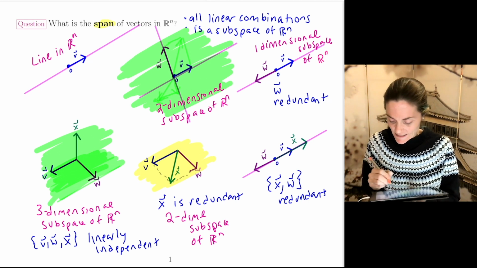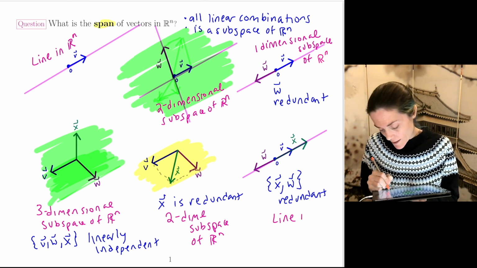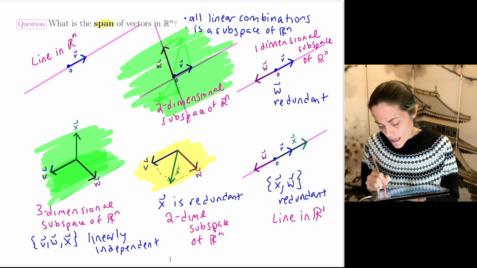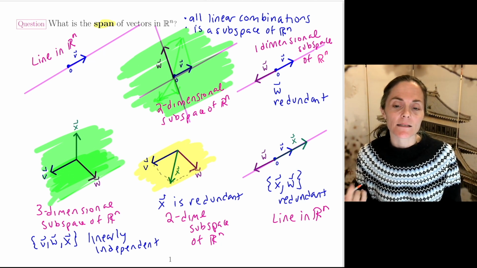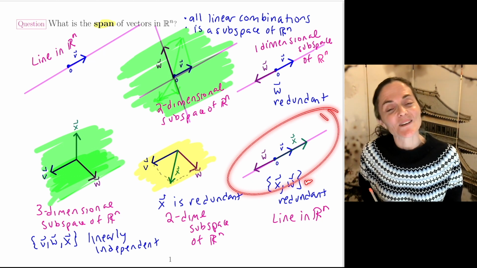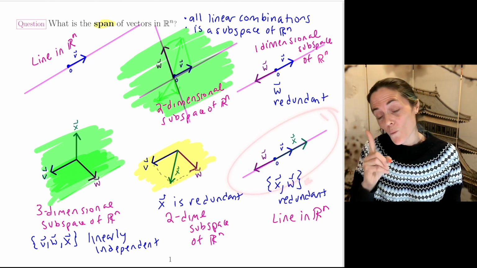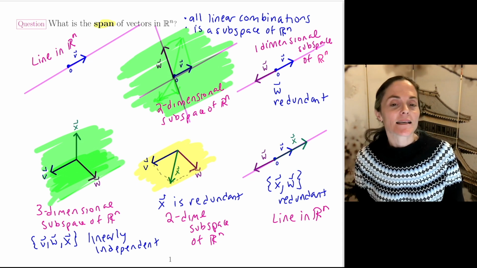This would be a line or a one-dimensional subspace in Rn. Even though I'm taking three vectors and taking all possible linear combinations, we can see it just fills out this line, because two of them are redundant. So we only have one linearly independent vector. So these are some geometric ideas about span.